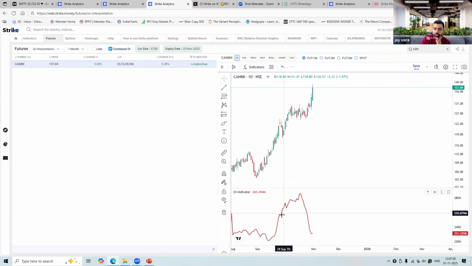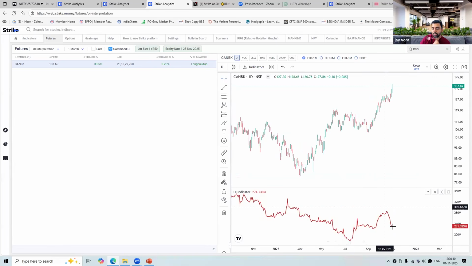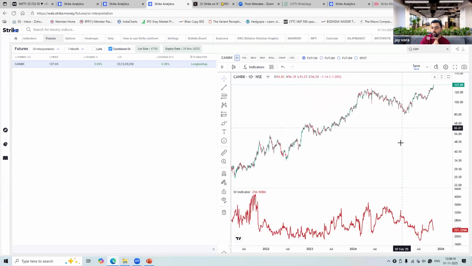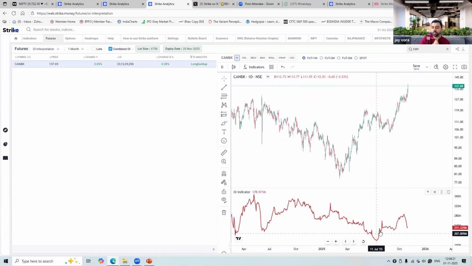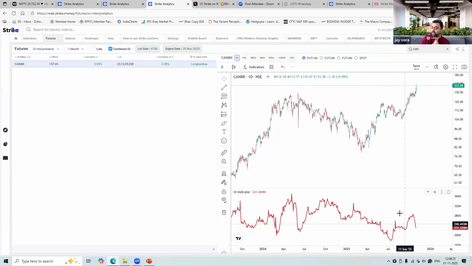This is where you will have to go and dig deeper into the data, as to whenever the spike was happening, what was it due to? Was it due to long build up, short build up, and so on? But whatever it is, right now the prices are up. If it is long build up, then it would mean that people are still holding the longs and they're confident.